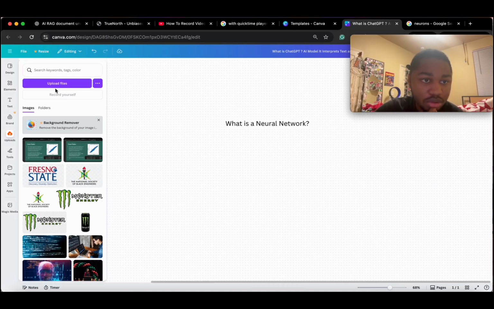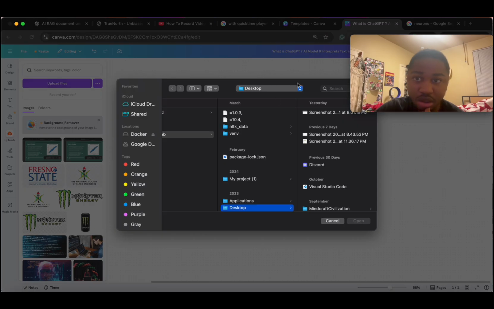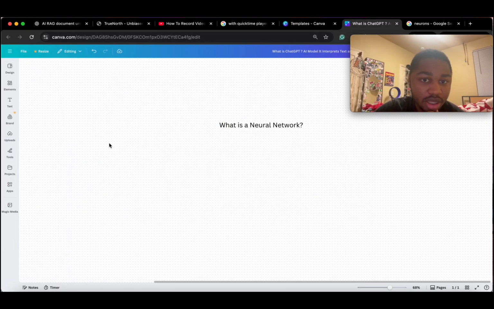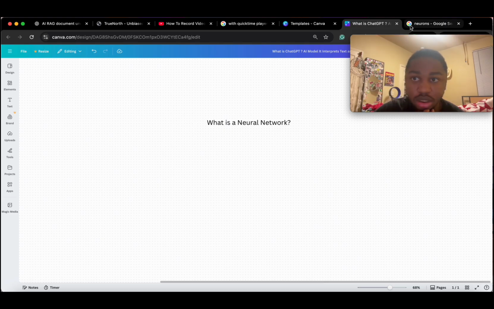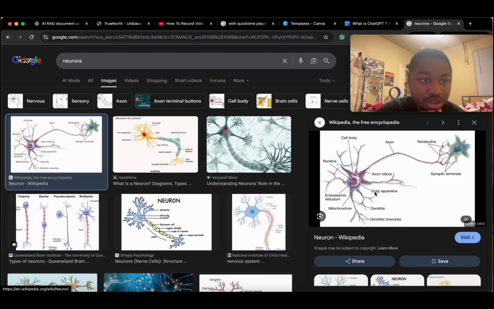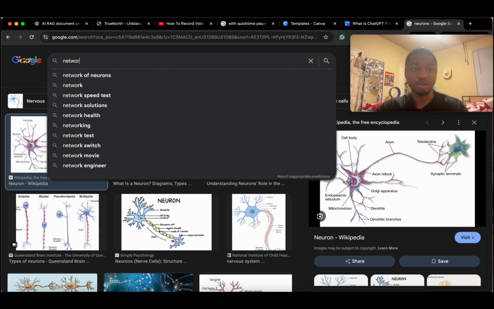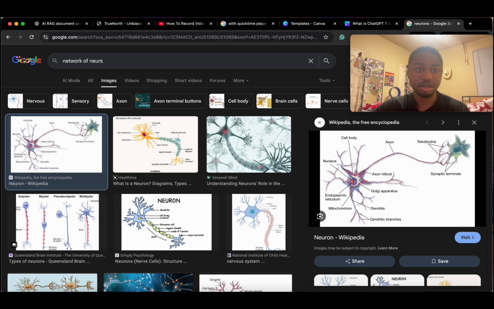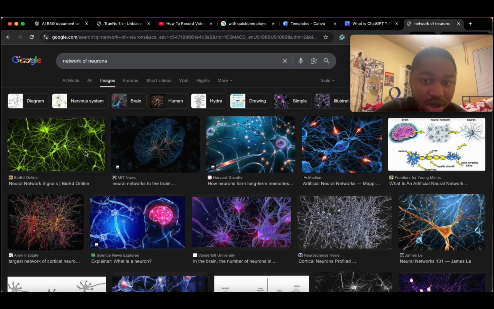Uploads. Okay. So this is an example of neurons. A network of neurons. What does that look like? Yeah, that's exactly what it is.